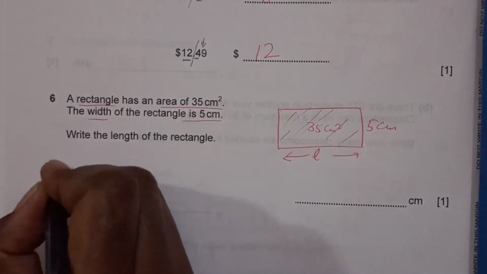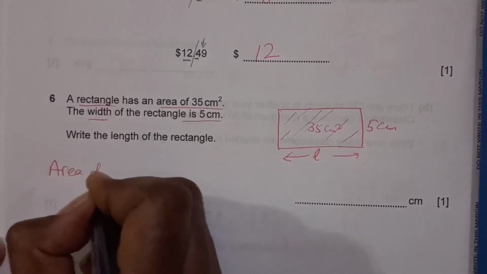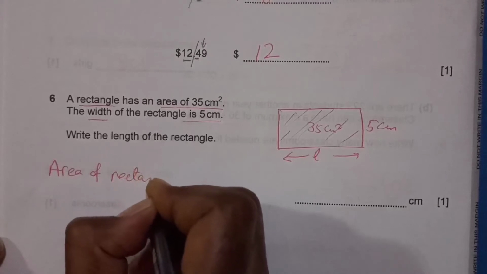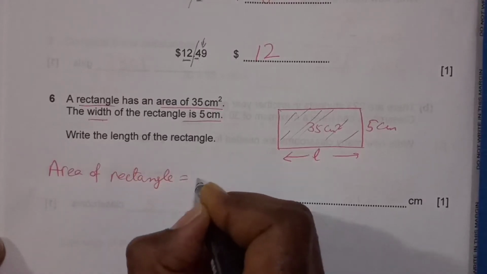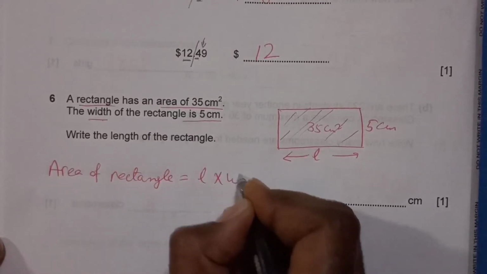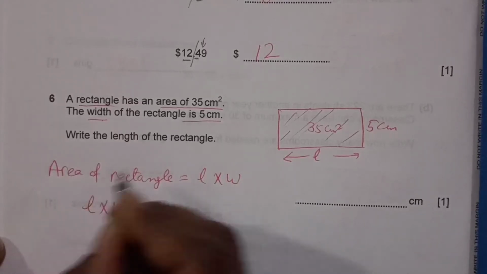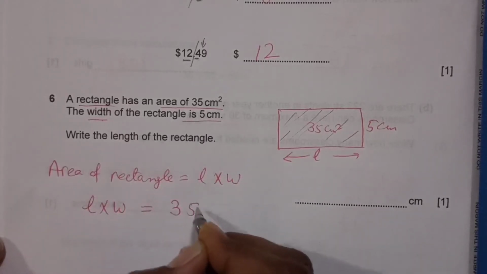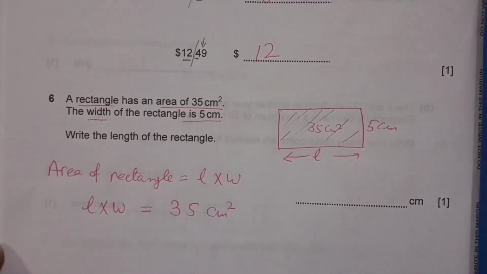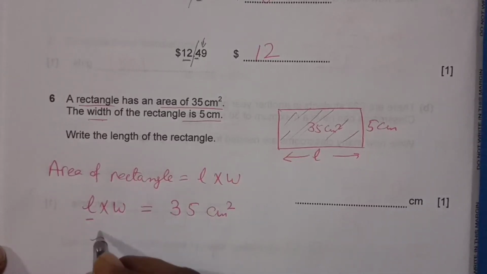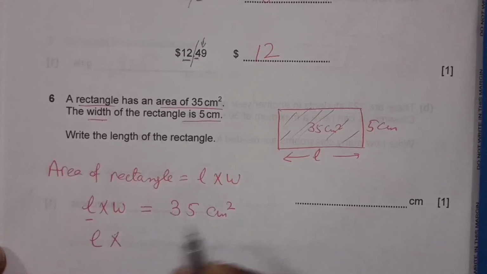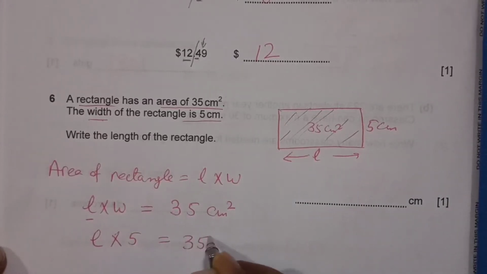So as you know, the area of a rectangle, the formula is length times width. So length times width is the area, and this is given to us as 35 centimeters squared. Now we do not have the length, so length times width, which is 5 centimeters, equals 35.